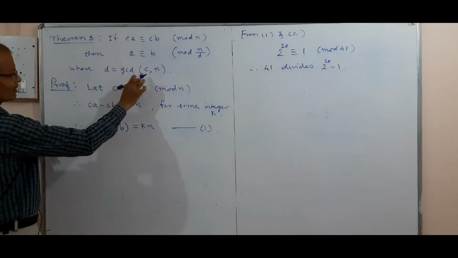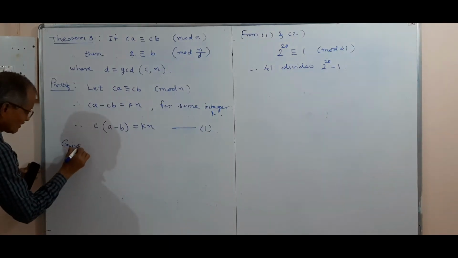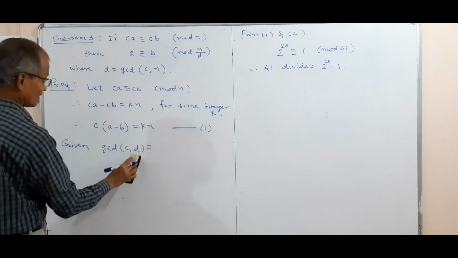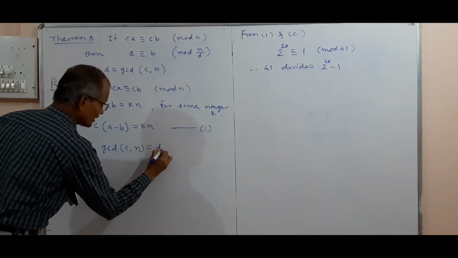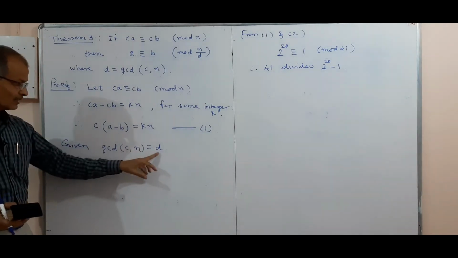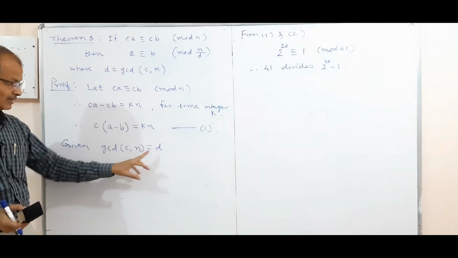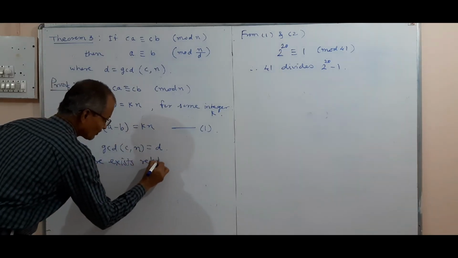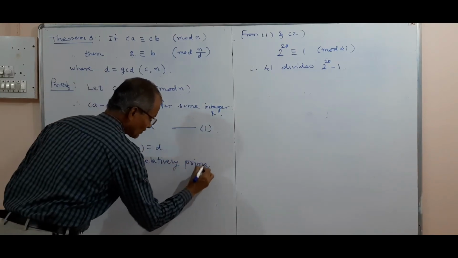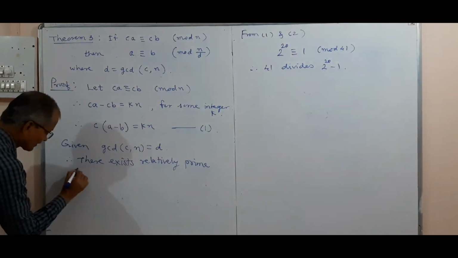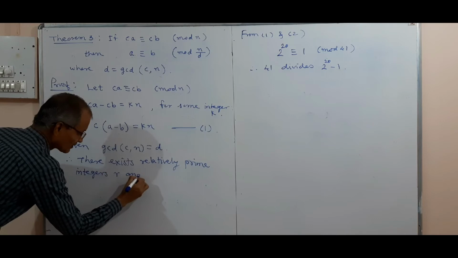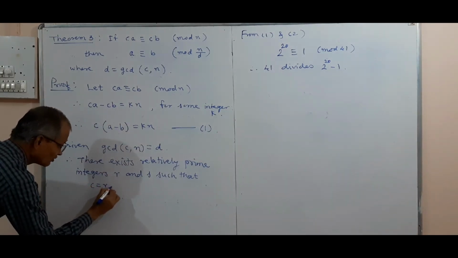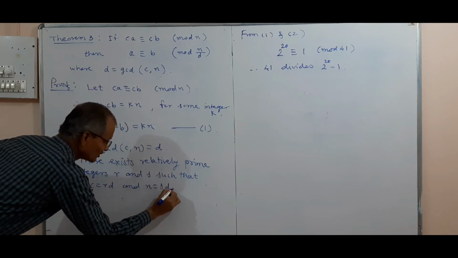Given the GCD of C and n is D, so D is a divisor of C, D is a divisor of n, and we can write C and n as multiples of D. Therefore, by a property of the greatest common divisor, there exist relatively prime integers R and S such that C is equal to R into D and n is equal to S into D.